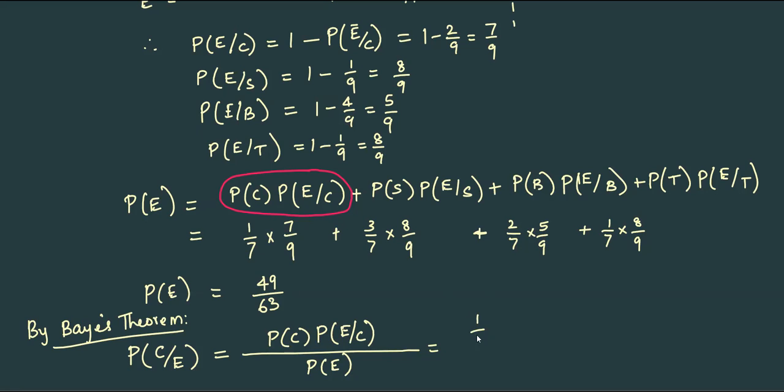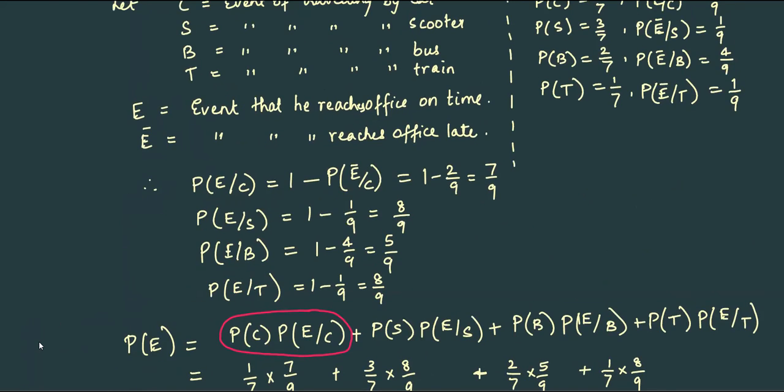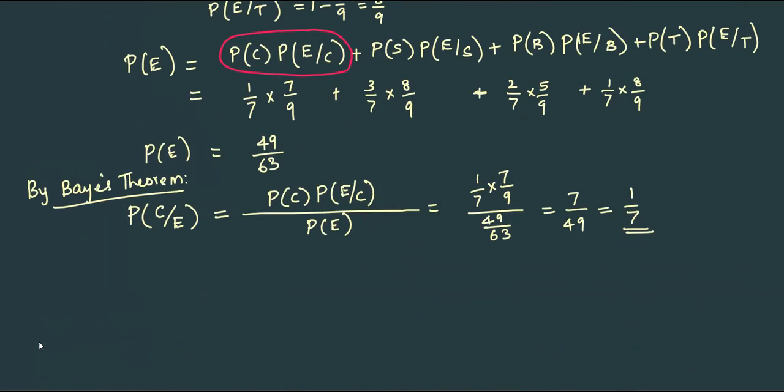So this is 1 upon 7 into 7 upon 9 by 49 upon 63. So it is 7 upon 49, which is 1 upon 7. In fact, for showing you, I am writing all this much detail. But if I have to solve for the objective, I will just write this much, because in my mind I have made the calculations.